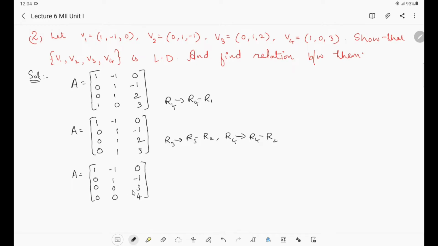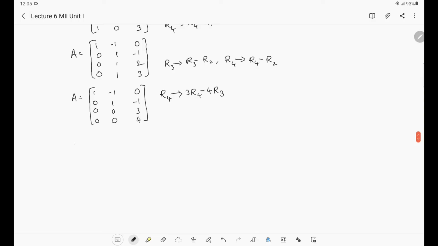Now see, further we cannot make this entry 0. If we try to make this entry 0, we will get a non-zero entry here. So that is why we move towards this entry. Now how to make this 0: multiply this with 4 and multiply this with 3, then subtract. So R4 should be replaced with 3R4 minus 4R3.